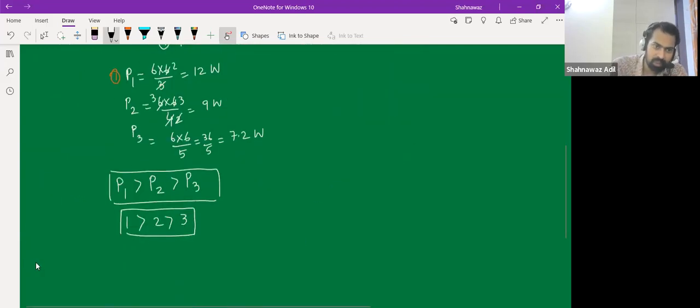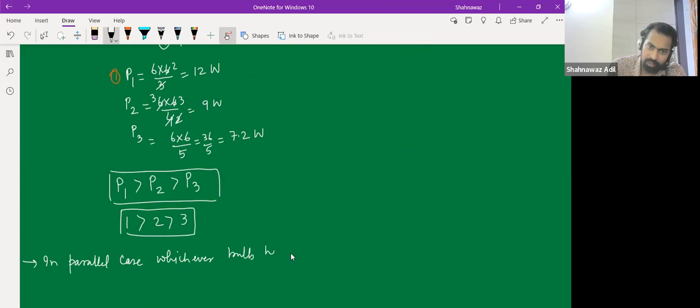So in the parallel case, whichever bulb has the least resistance will glow brighter. Understood?